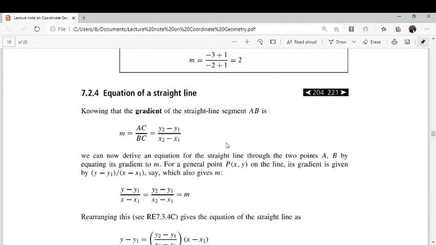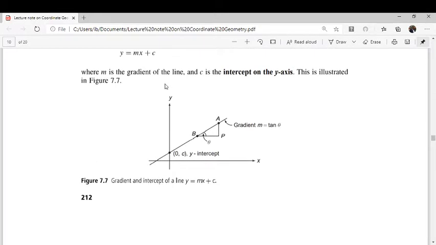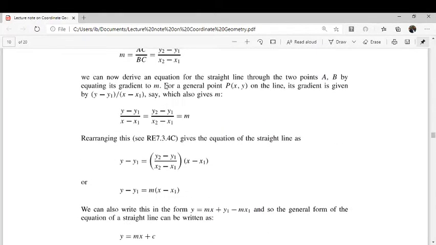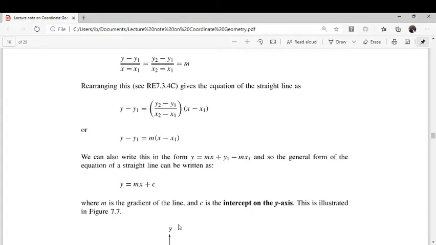Now, equation of a straight line. We already know the gradient of a straight line, that's segment AB. We have just done that. Now, look at a straight line. If you have 2 points, that's point P, S1, on the line, the gradient is given by this. Then what will now be the equation?